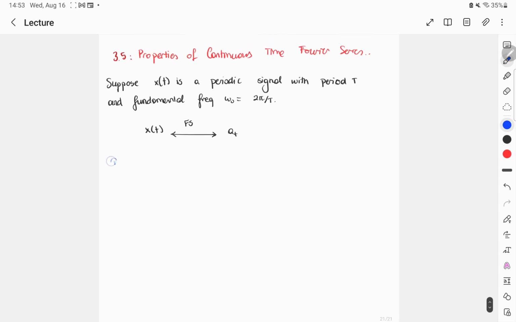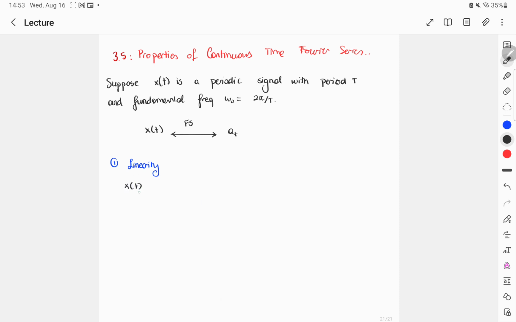First of all, linearity. If x(t) and y(t) denote two periodic signals with period T and have Fourier series coefficients denoted by a_k and b_k, let me show it like this.